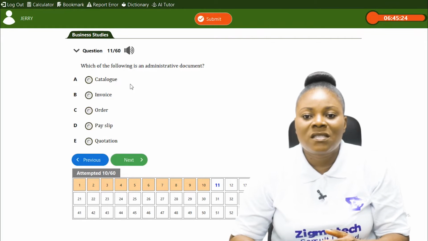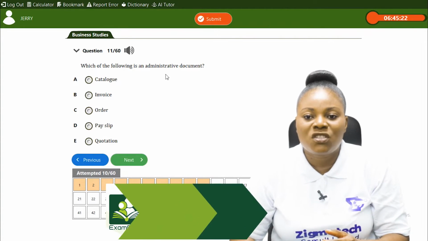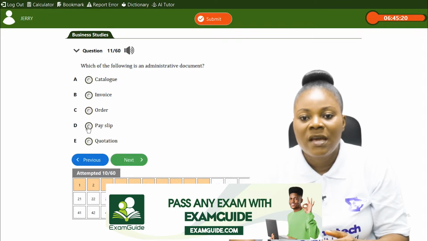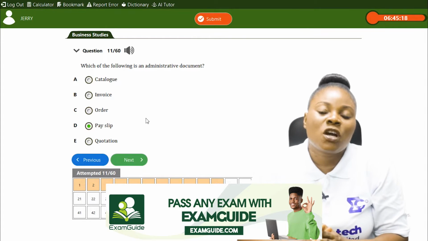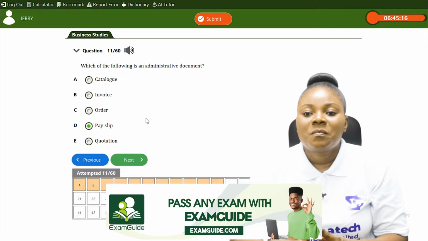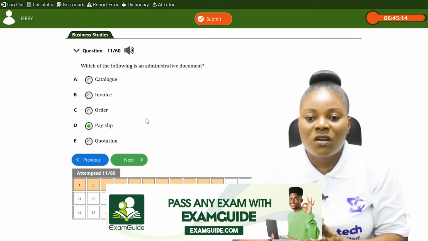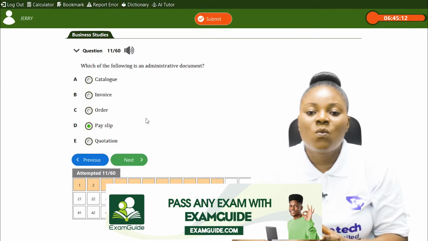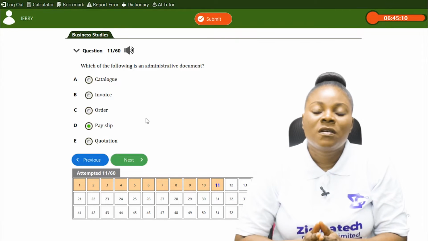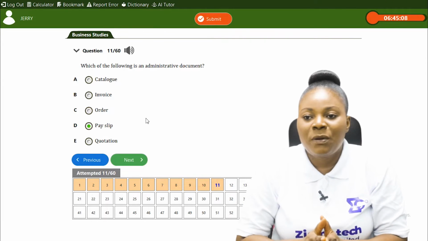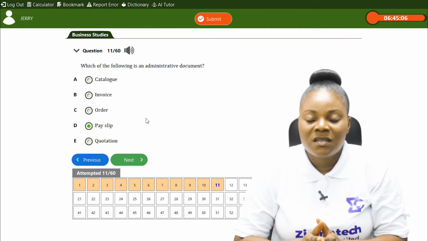So the appropriate answer for this question, which is an administrative document, is the pay slip. The pay slip is that document prepared in the administrative department of the organization, in which the details of the income of an employee is stated.